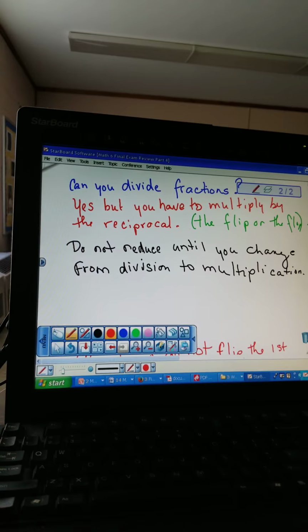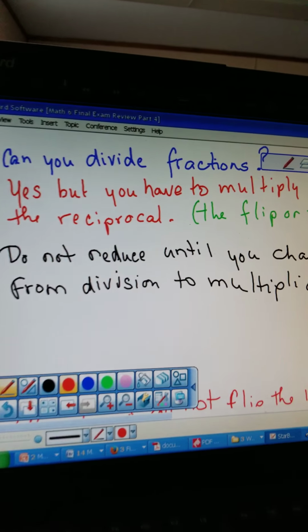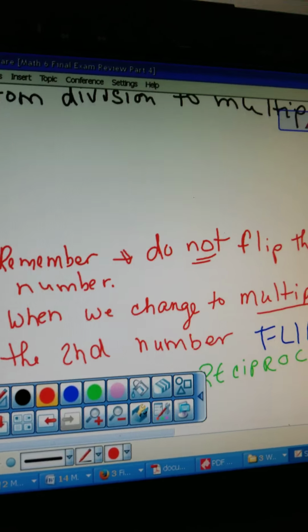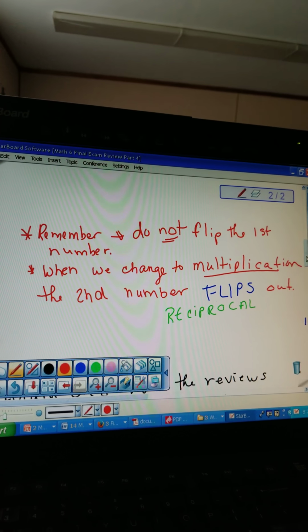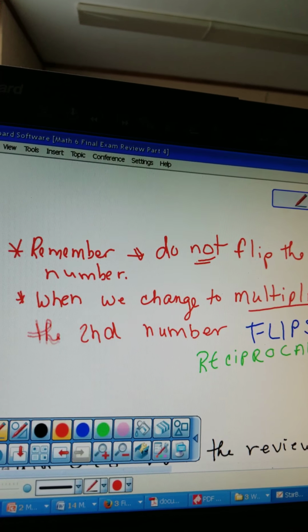Do not reduce until you change from division to multiplication. Can it be done mathematically? Yes, but for right now in your life, don't confuse yourself. Flip it or flop it and then do it. Now make sure you do not flip the first number. It's only when you change the sign of multiplication that the second number flips out and becomes the reciprocal.